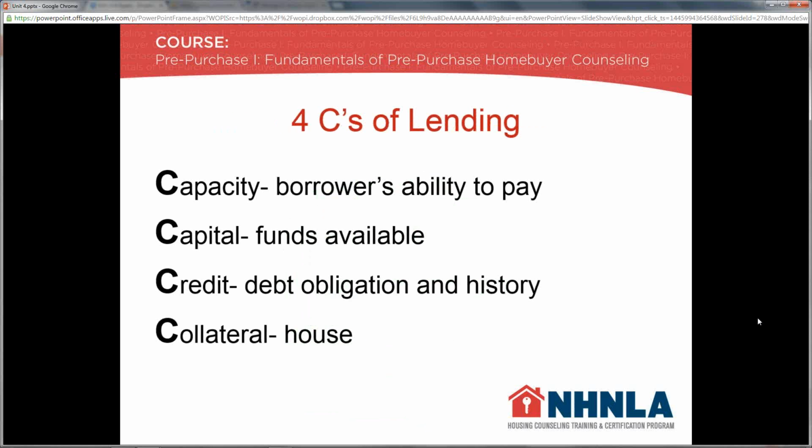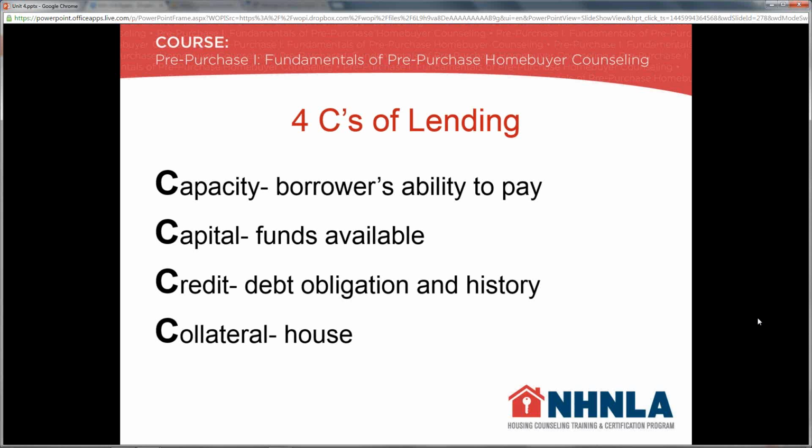So when a lender is looking at these same ideas that we just discussed for our cousin, they would call it the 4 C's of lending. So capacity is the borrower's ability to pay. What's your income? Do you have a stable job history? Capital would be the funds that you have available. Do you have money in savings? Do you have enough to make a down payment, and how much?